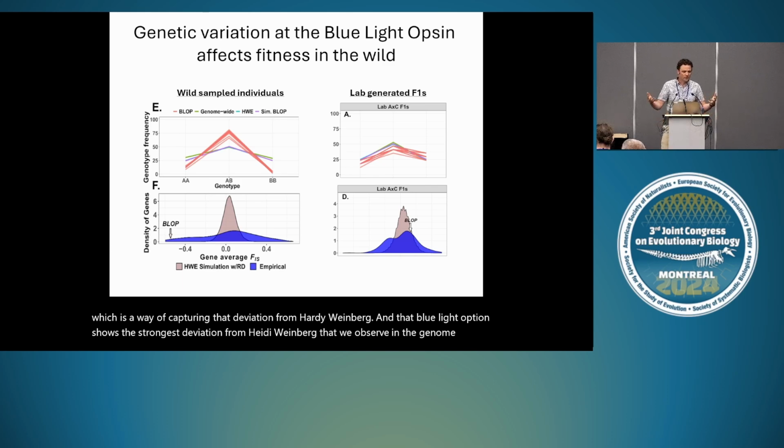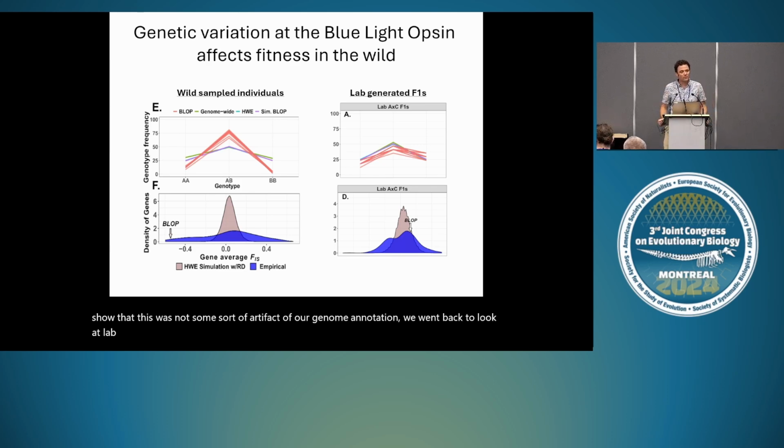Now, to show that this was not some sort of artifact of our genome annotation, we went back to look at lab-generated F1s, and we can show that in the lab, that blue light opsin segregates exactly as you'd expect from a double heterozygote cross. So this is direct evidence that there is a fitness effect of this locus in the wild, and that heterozygotes have a higher fitness in the wild than either homozygote.